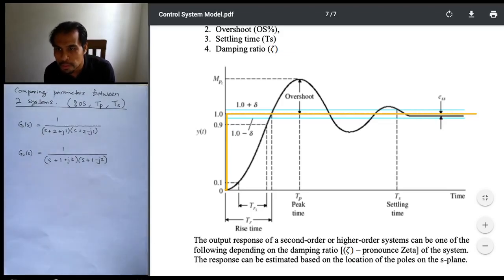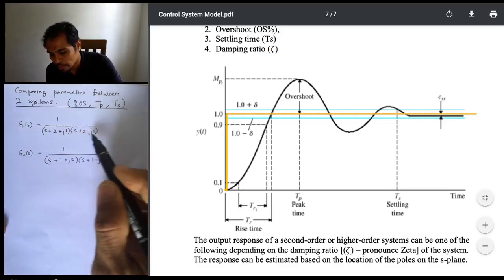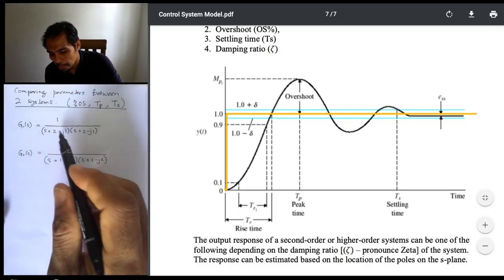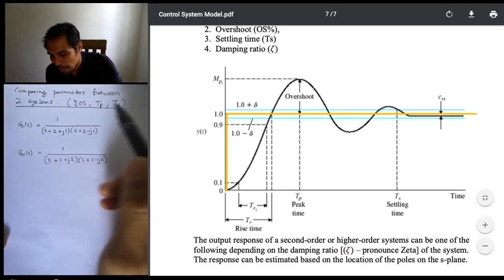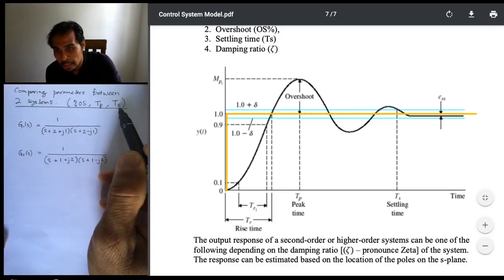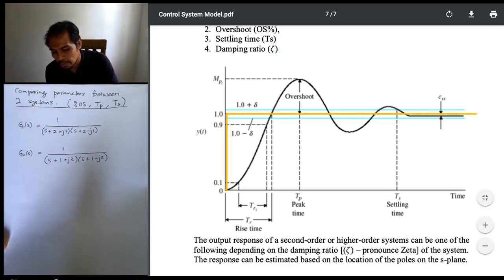Let's say we have two systems, G1 and G2. They have a different set of roots. Based on these parameters, we need to compare overshoot, Tp, and Ts.